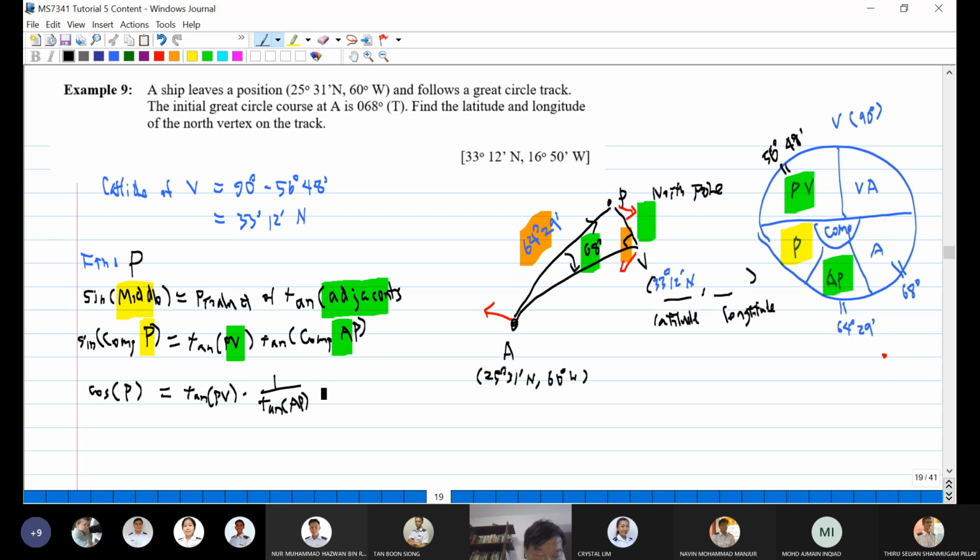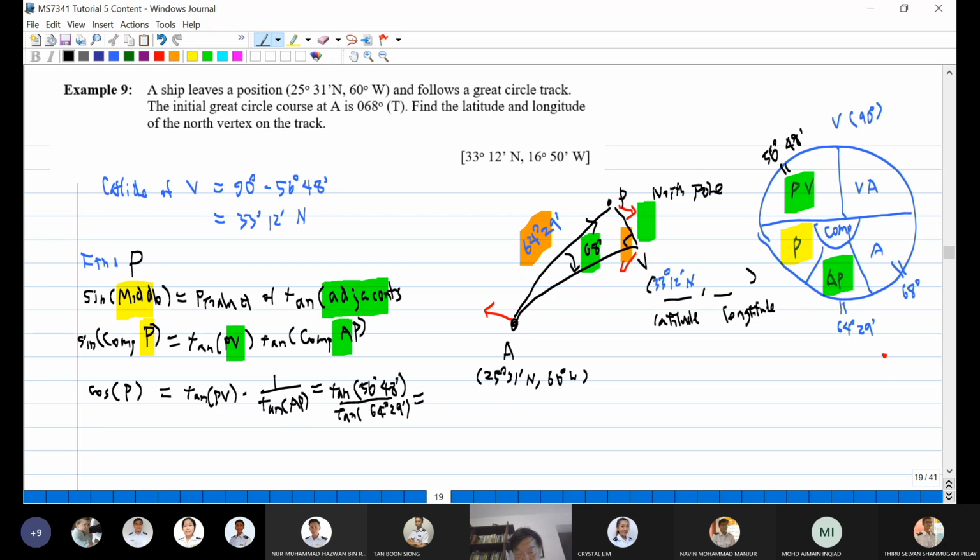So tangent of PV, okay, the PV is 56 degree 48 minute, right? 56 degree 48 minute here, times 1 over tangent AP. AP is 64 degree, 29 minutes here.